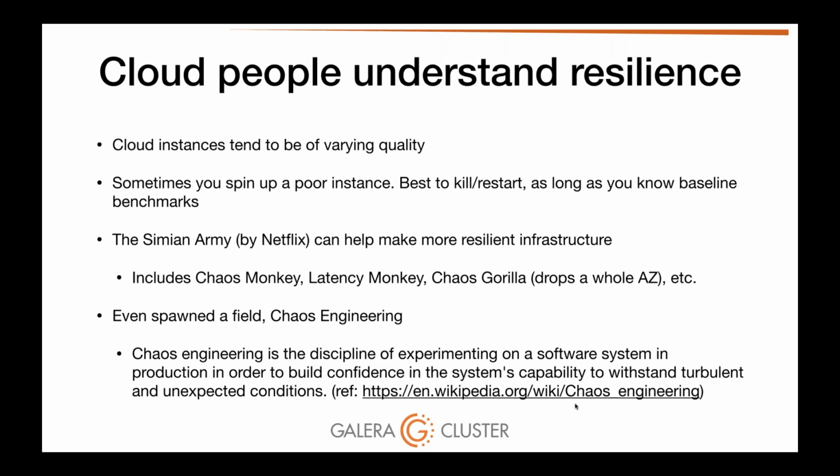In fact, in the last few years, it has even spawned an engineering field called chaos engineering, where you experiment with production in order to build confidence in the system's capability to withstand turbulent and unexpected conditions that could be introduced via disasters. But you need to plan for disasters, hence the ability to use things like Chaos Monkey, Latency Monkey, and Chaos Gorilla. There are plenty of other tools that come with the Simian Army that you could also make use of.